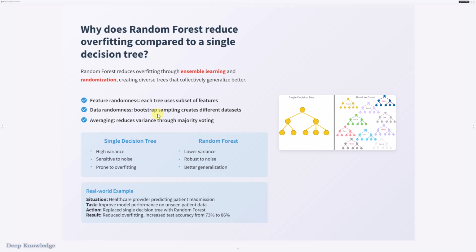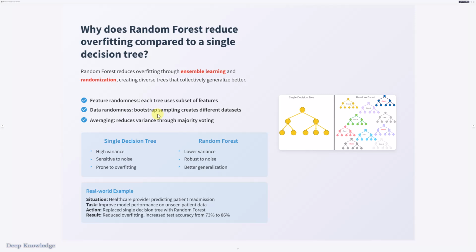So it's creating many decision trees that collectively generalize better. If you have a big dataset, each tree will use a subset of features and also a subset of the data, and this is random.